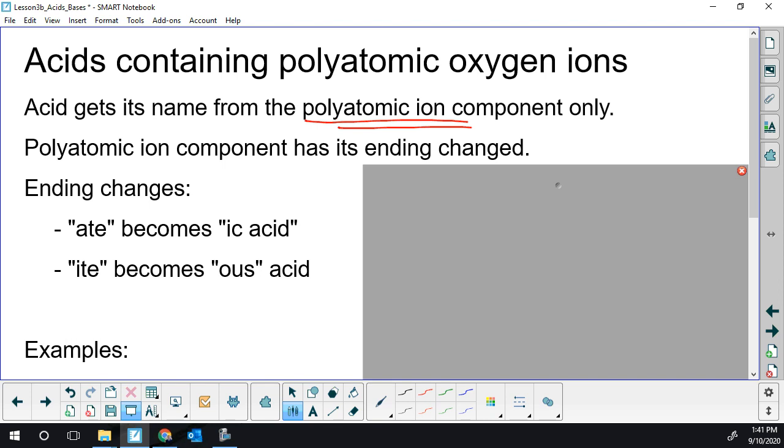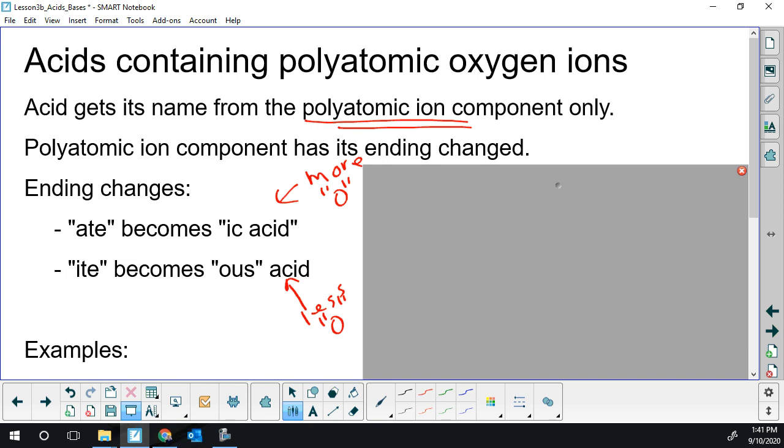Now the ic and the ous are very old terminology. The history of this naming, it's just humans came up with a name and a system. The ate comes from the polyatomic with more oxygen. The ous, or the ite, comes from the one that has less oxygen in the polyatomic.